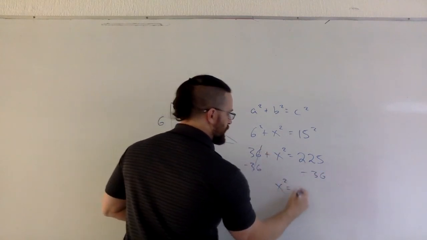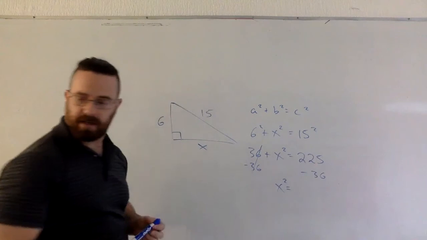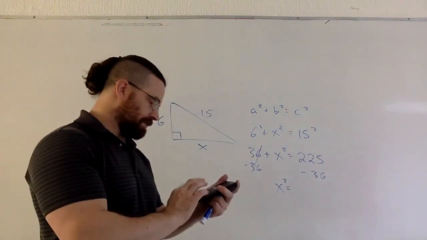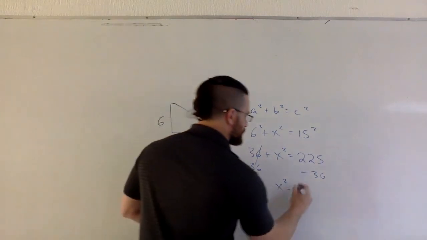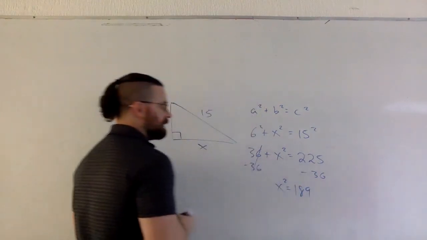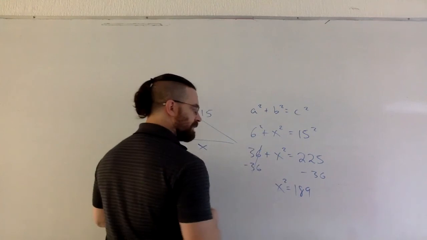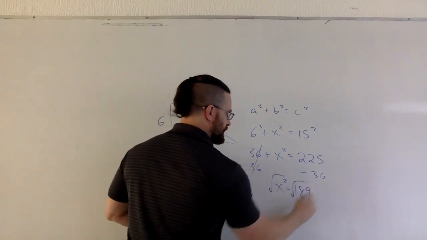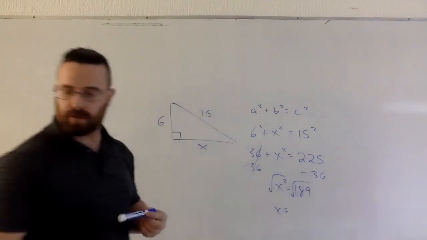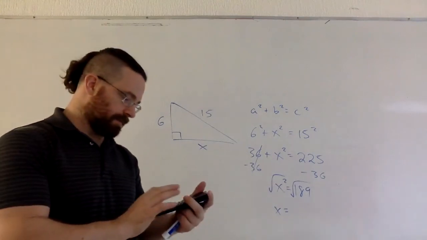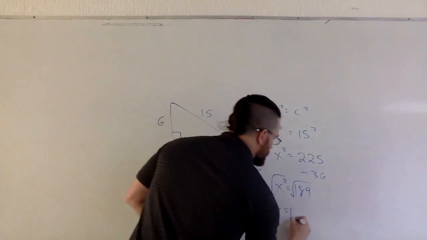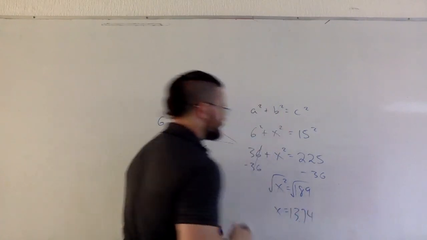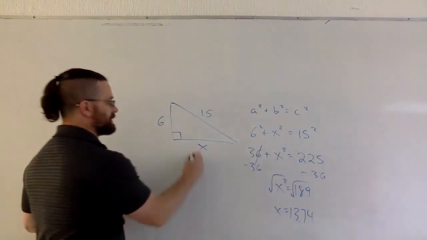So x squared will equal, if I subtract off 36, 225 minus 36, 189. And then now I have to get the x by itself, so I will take the square root of both sides. So x will equal the square root of 189, which is 13.74. So that'll be this side right here.